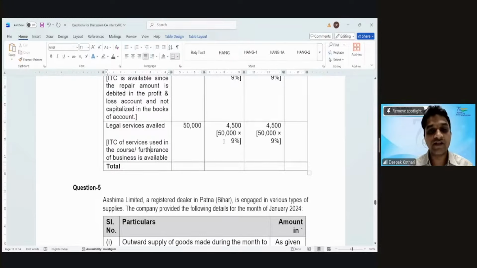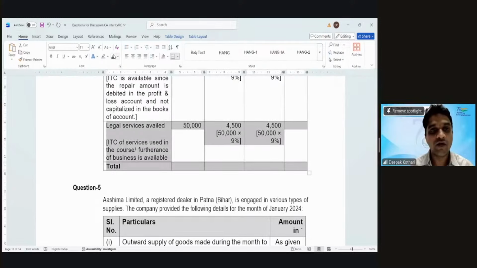Okay, so legal services availed 50,000 on the 9% each. That will give you the total credit.